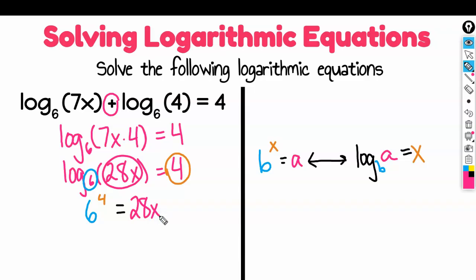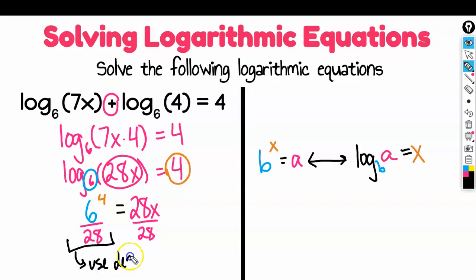Now, 6 to the 4 is just a number. I just need to get x alone. So I see that there's the 28 multiplying by x. So I'm going to divide by 28. Now, you can use Desmos to figure out what this is.